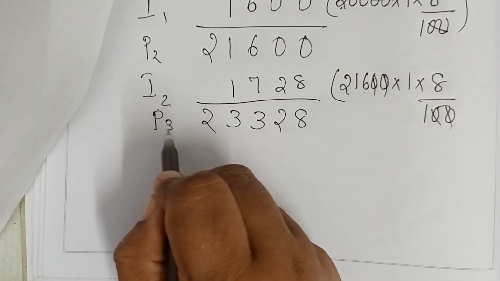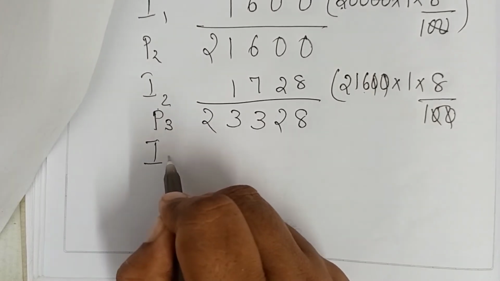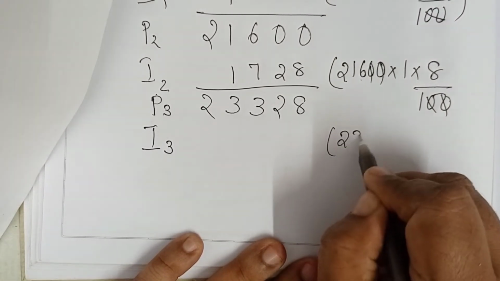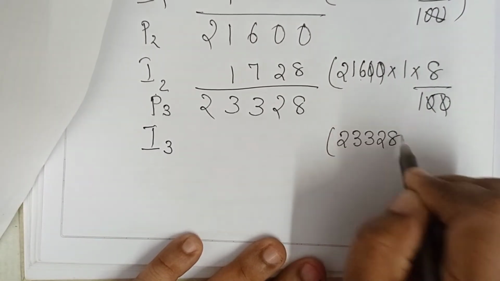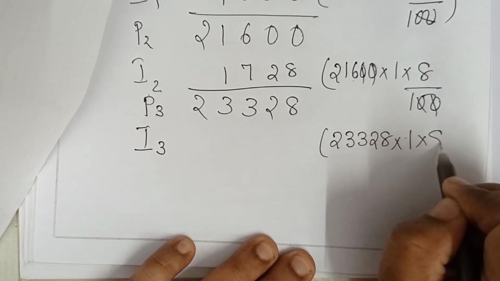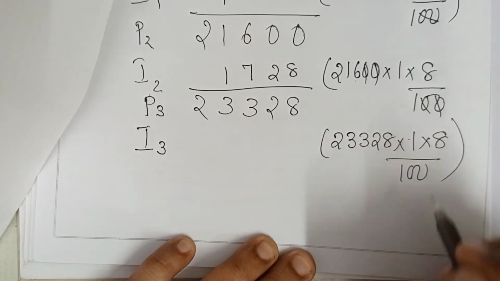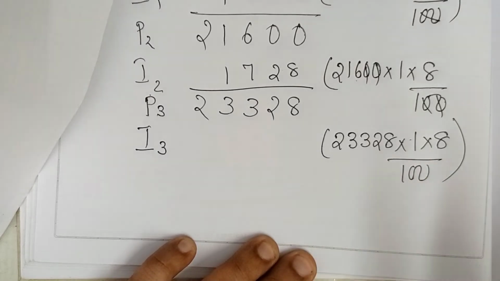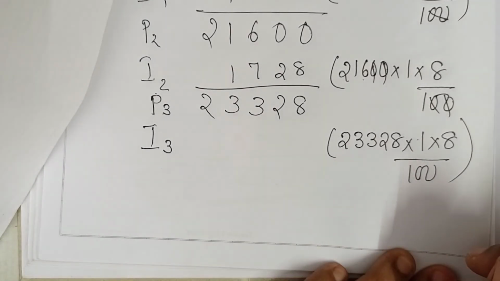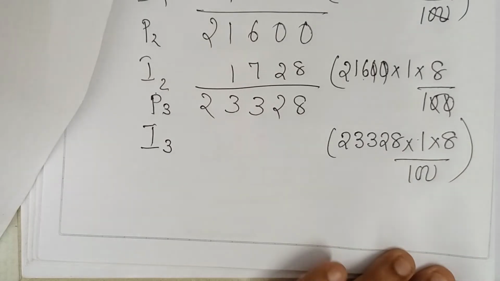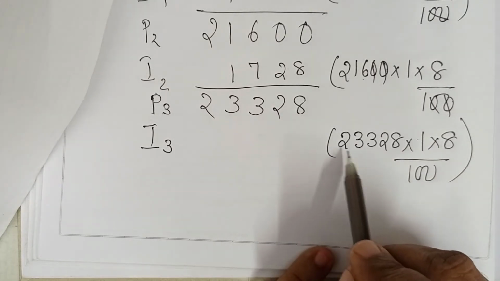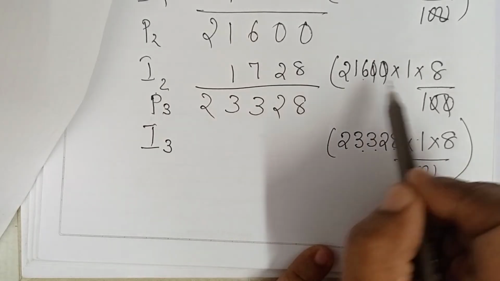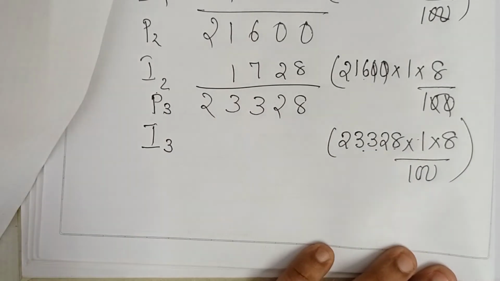Now this is P3. Here he deposited for 3 years. Therefore I3 is equal to 23,328 into 1 into 8 by 100. All of you look here. Here, do not cancel this 8 and 100. Multiplication and division by 100 is easy. Therefore, you multiply 23,328 into 8. Then change 2 places.